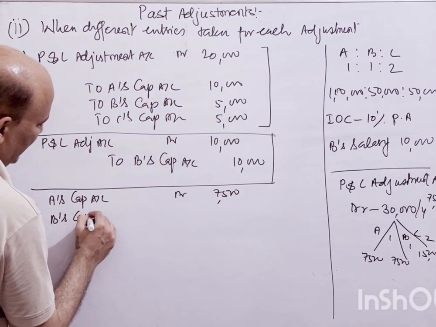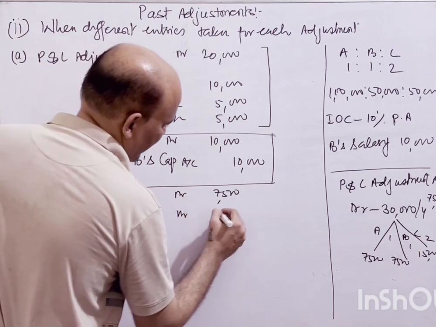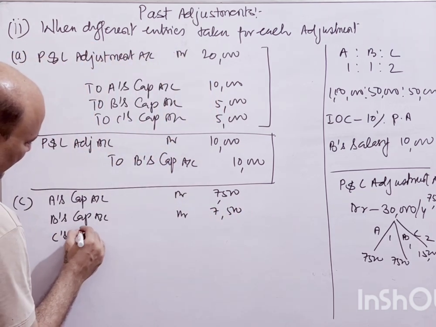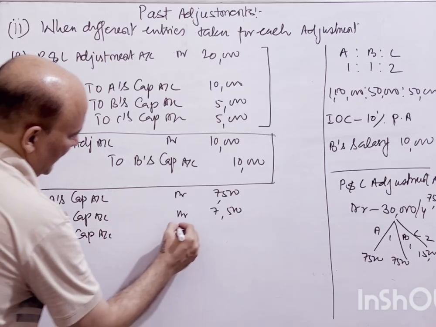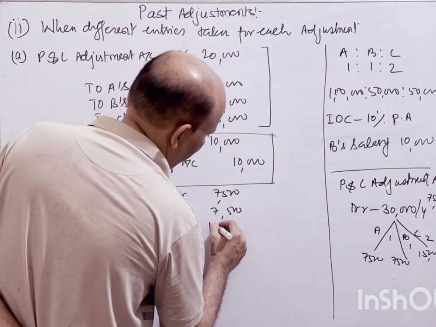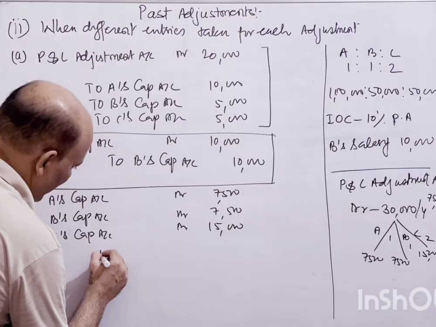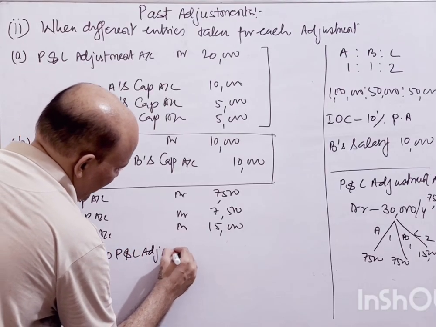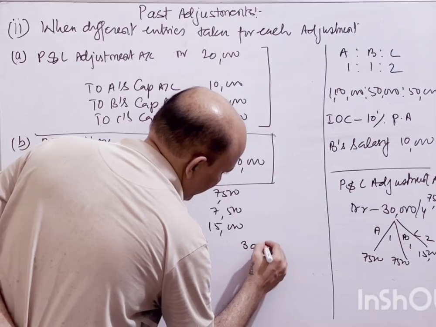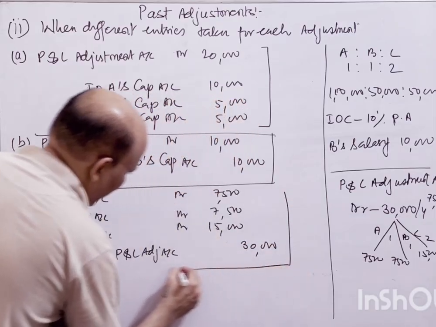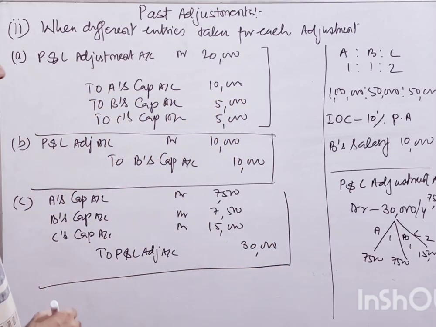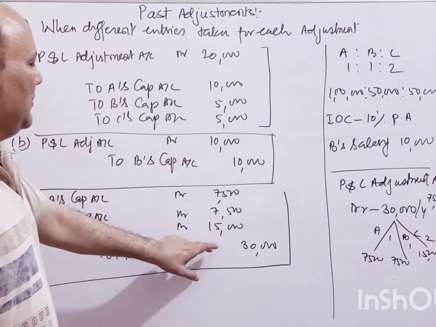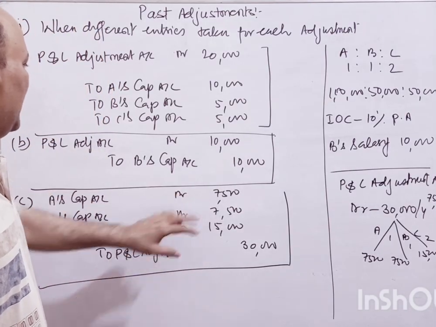B's capital account debit 7,500 and C's capital account debit by 15,000, and to profit and loss adjustment account 30,000; narration you can write your own. That debit balance of the profit and loss adjustment account is settled, right? So 30,000 we have adjusted towards the partners' capital accounts.